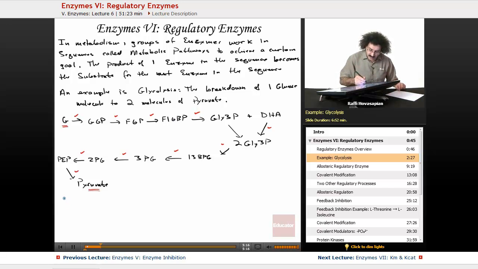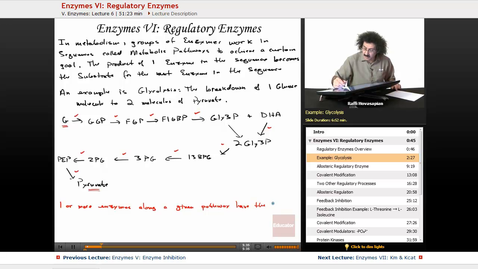Okay, so one or more enzymes along a given pathway have the capacity to affect the overall rate at which substrate flows through the pathway.